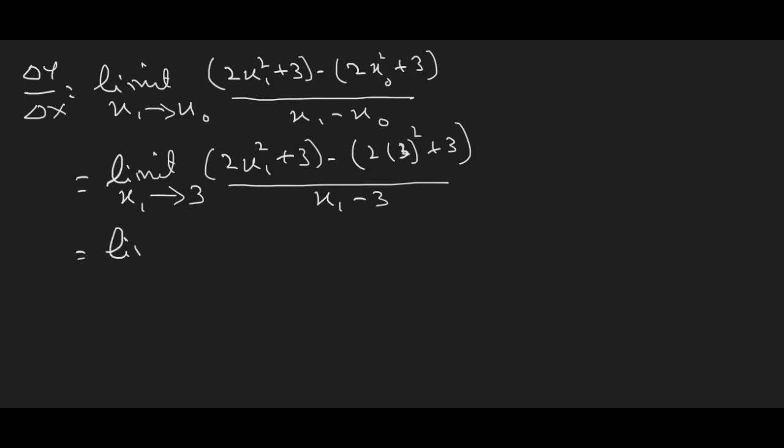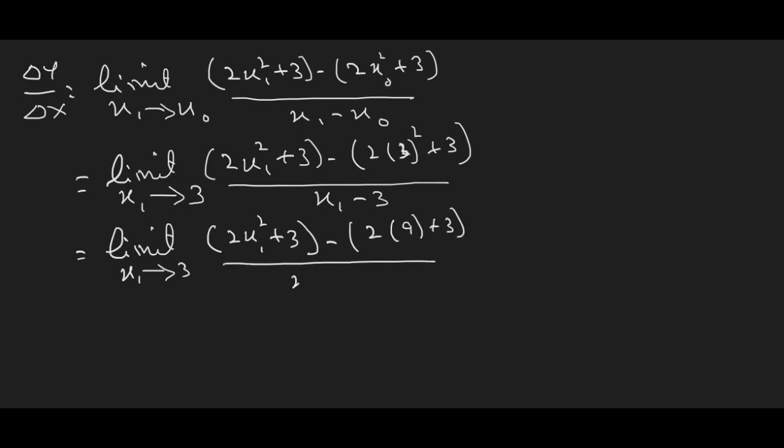So limit x1 approaches to 3, 2x1 square plus 3 minus 2 times 9 plus 3 over x1 minus 3.